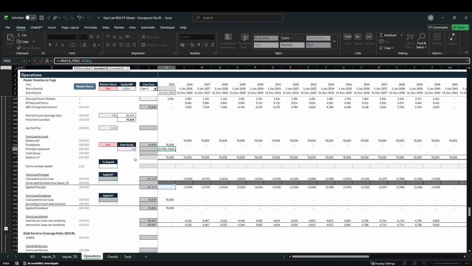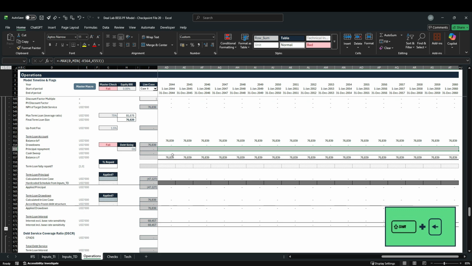And comma, we also want to make sure here that the balance brought forward is not turning negative. So that's why we have a max of 0 and the minimum of those two. So if for whatever reason our applied principal were to be larger than our balance brought forward, we ensure that we are not paying down more than we have to. Close parentheses 2 times, and let's drag this formula over, Control R.